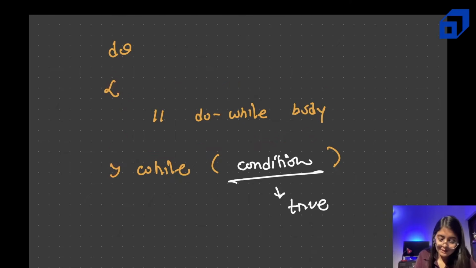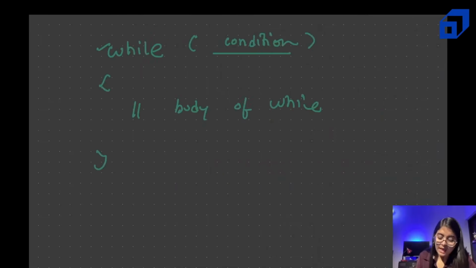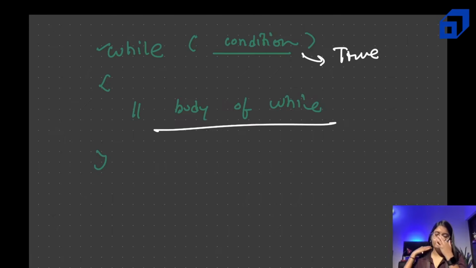All these statements you have to keep running, keep iterating while this condition holds true. In the while loop, we have the condition check in the beginning only. We check if it is true or not at the start. If the condition is true, then only we enter the body of the while loop.